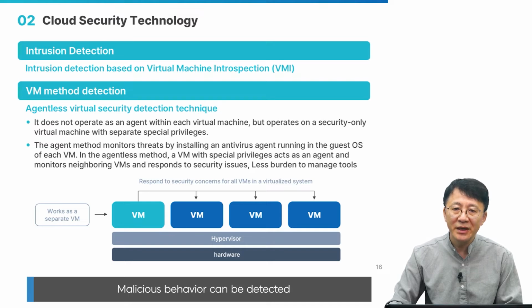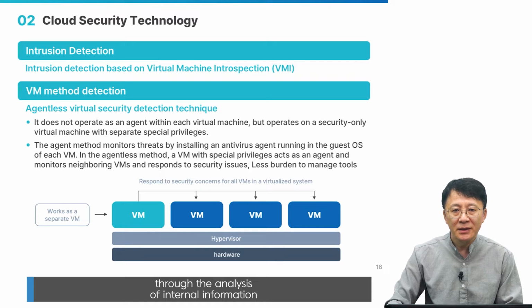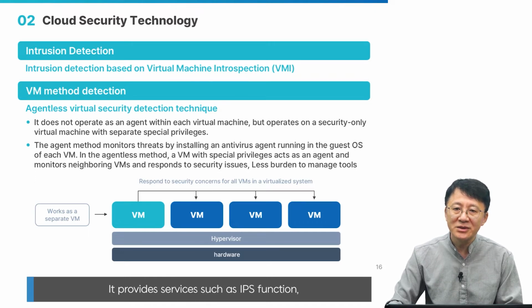Malicious behavior can be detected through the analysis of internal information, such as virtual CPU registers of the virtual machine, content of the virtual memory, file input and output activities, and the network packet capture generated by each virtual machine. It provides services such as IPS function, firewall, and antivirus on the hypervisor.